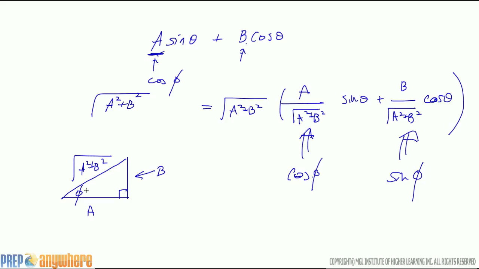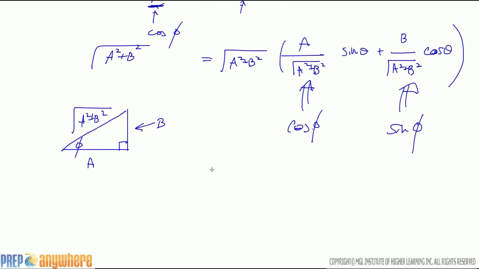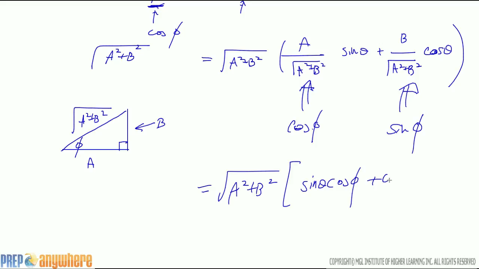Because it's from the same triangle. So this will always work. Okay? So this is going to be expressed as the square root of a squared plus b squared, and it's essentially sine of theta cosine of phi plus cosine of theta sine of phi. So we can always do this.